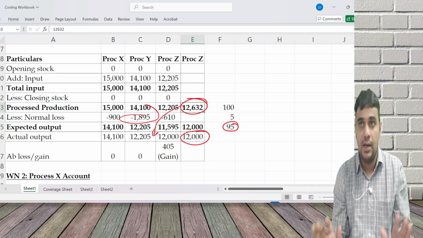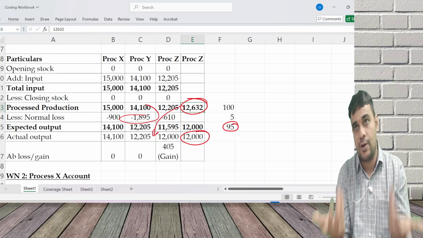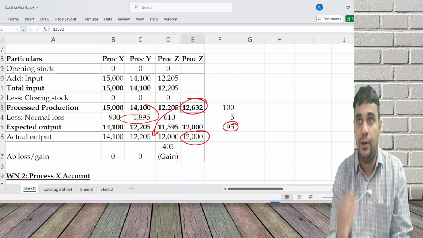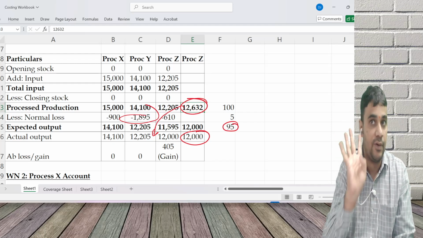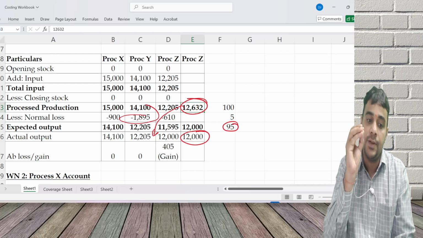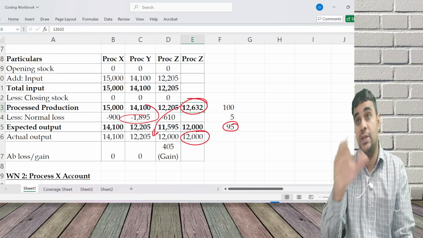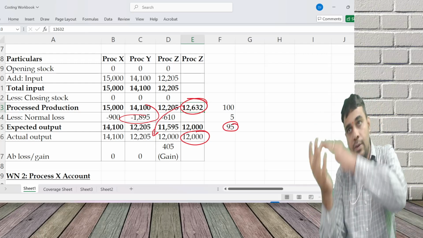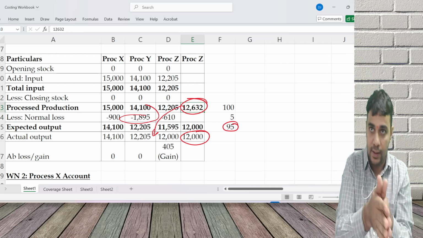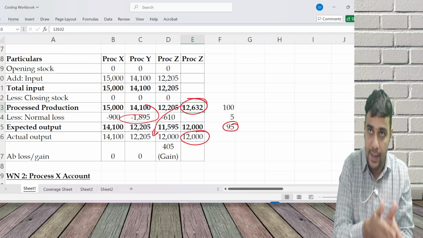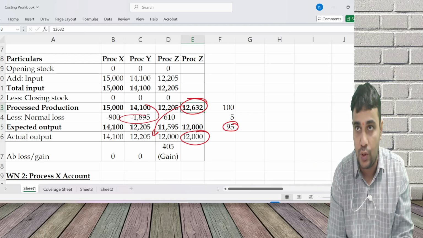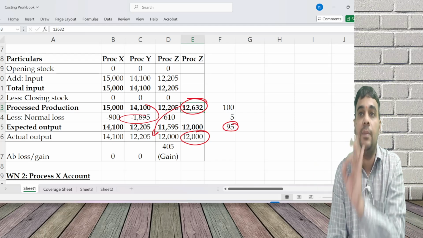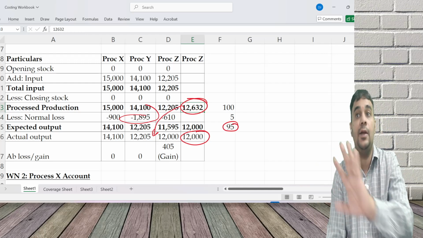Any doubts on this? The reason it is not working is that they have given that 4 per unit. They know it is not working, that's why they have given 4. They could also have mentioned it for X, for example, X has transferred at the rate of 2. From Z, I would have reverse worked to get Y, and from Y, reverse worked to get X. I can do it in any manner, as long as they have not given me the cost per good unit for any of the processes.